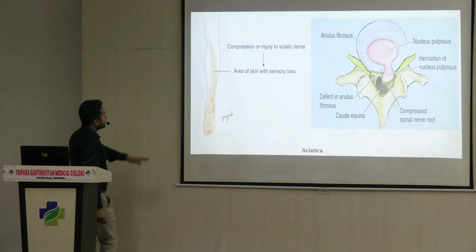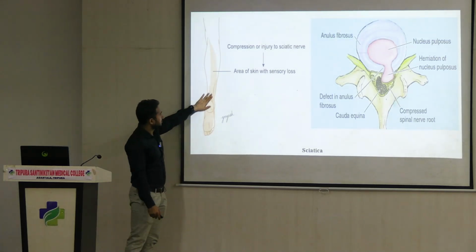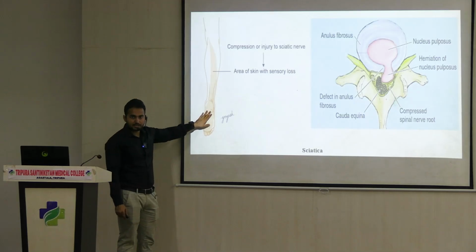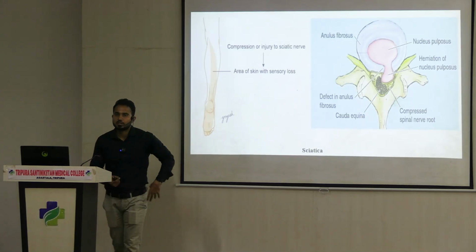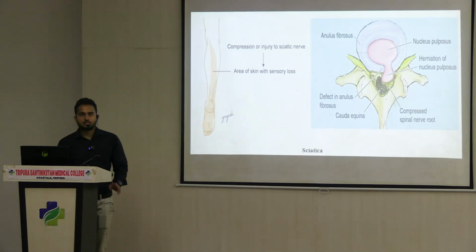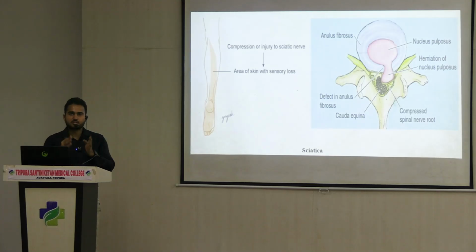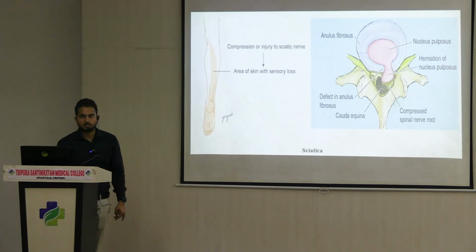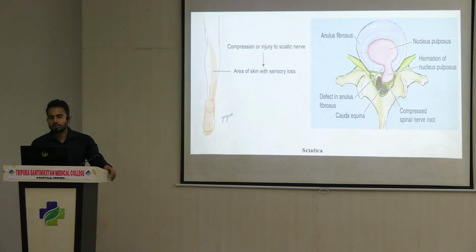Can you see this highlighted area? Whenever sciatica is there, there will be shooting pain, numbness, tingling sensation, all those sensations throughout the distribution of the sciatic nerve and its branches. So this particular area will be affected.